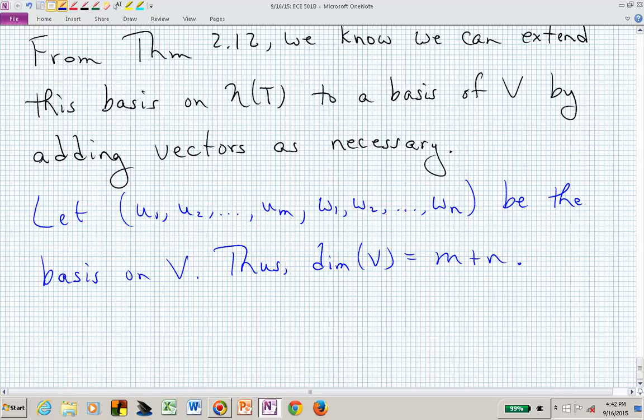These n plus m vectors span all of the domain, and we know that they're all linearly independent. We extended our set of linearly independent vectors spanning the null space. We had to add n more vectors to complete the set of basis vectors for our domain.